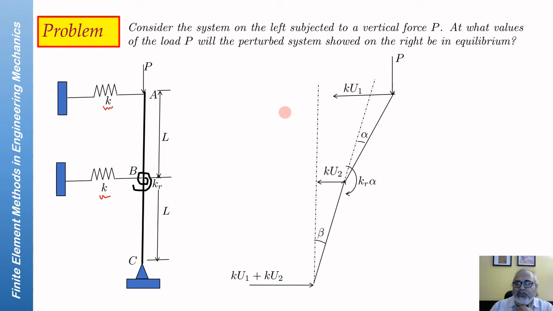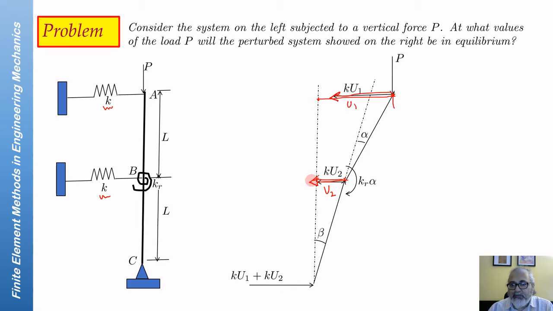To do that, we assume that the displacements are small, the perturbations are small. So you have two generalized displacements. One is the displacement of this point, u1, and the other is the displacement of this point, which is u2, which means now this spring is extended by u1, so it's going to apply a force ku1 here. This spring is displaced by u2.